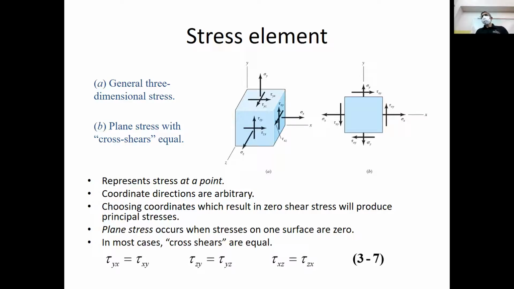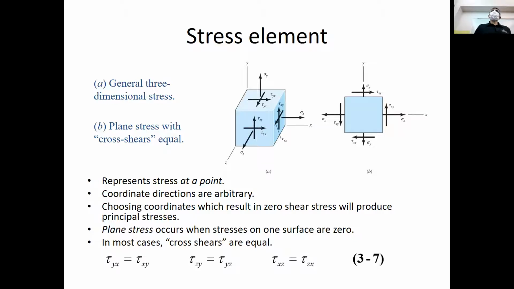So the stress element represents the state of a stress at a point, and these coordinate directions are arbitrary. If I can pick these coordinate directions such that the shear stress is 0, I will be looking at principal axis and principal stresses.